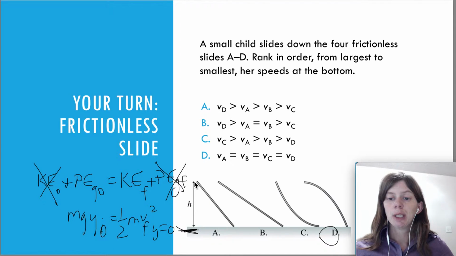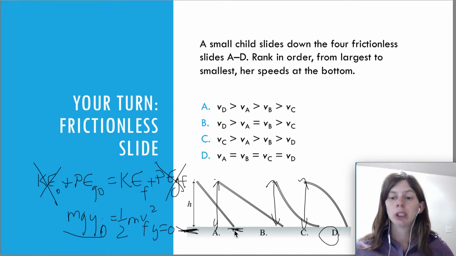She has the same exact height at each different slide. If she has the same height, she has the same amount of potential energy at the beginning. That means she's going to have the same amount of kinetic energy at the end. Since it's the same person sliding down a slide, she has the same mass, which cancels out anyway. But this means that her speed is going to be the same at the bottom of each slide because she started from the same height each time.